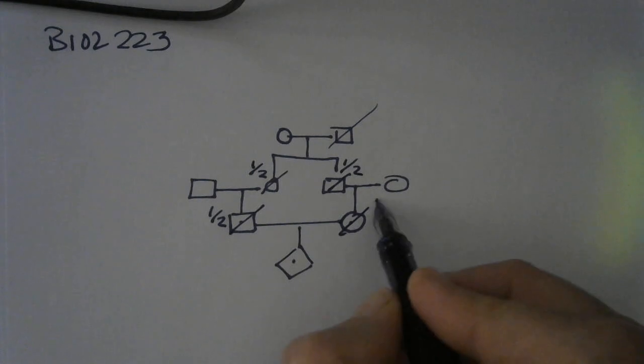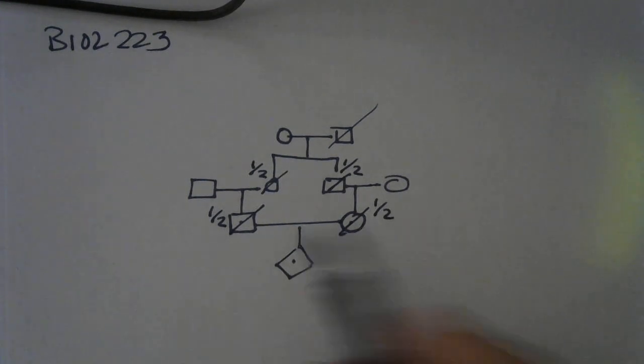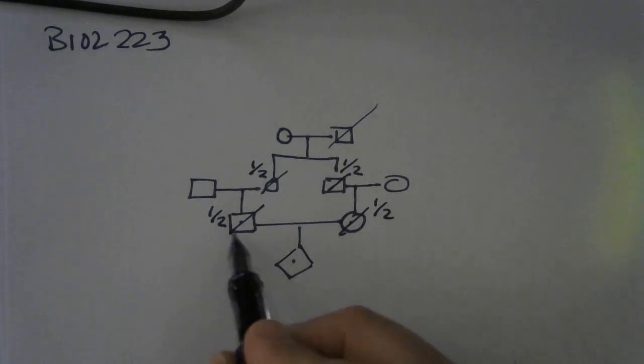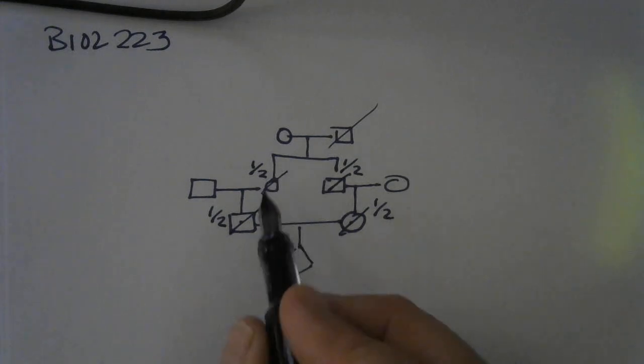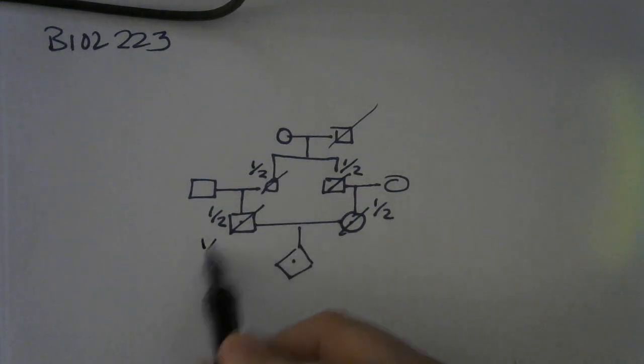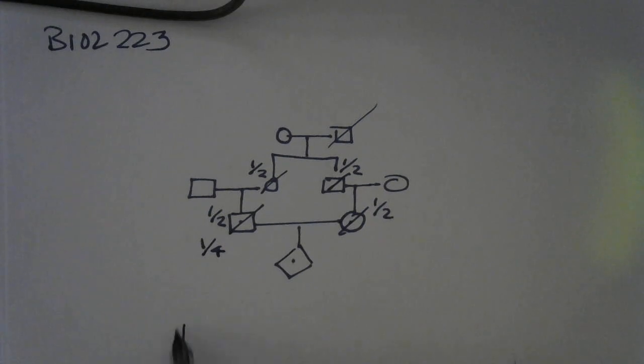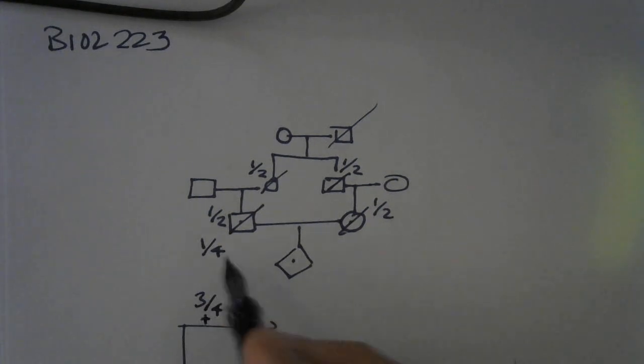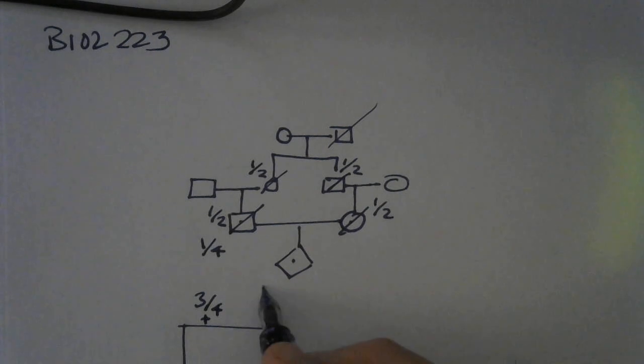This is a way to do it in a shortcut, and I did something wrong, which I said, okay, if there's a half chance times a half chance, there's a quarter chance of him being a carrier, yes. But what I did was, when I made the Punnett square, I said 3/4 chance of wild type gamete produced and 1/4 chance of the null alkaptonuria, AKU, and that's not true.